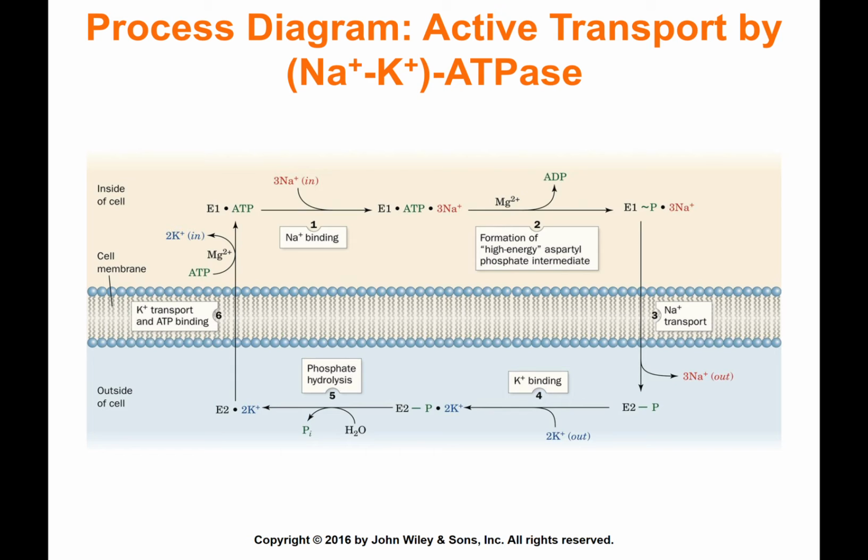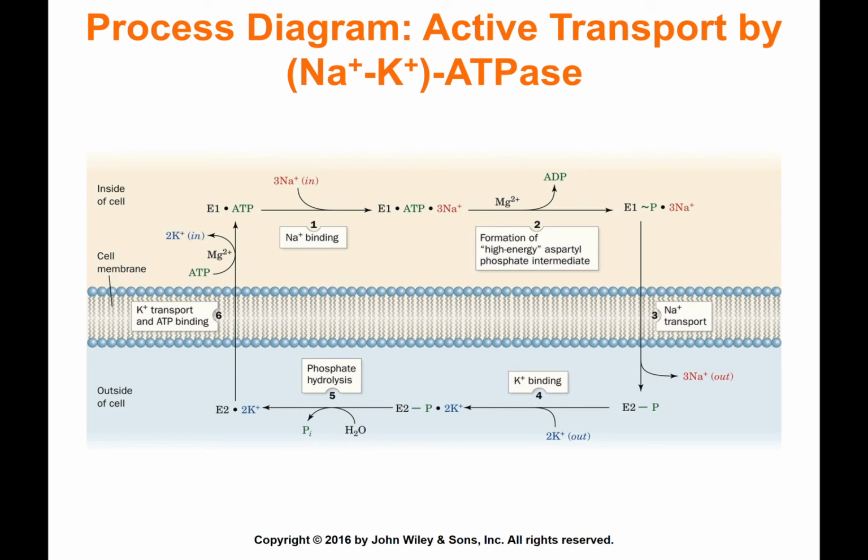They'll come in there, bind within the pore, and now the phosphorylated aspartate will get hydrolyzed. This reverts the protein back to its original conformation. So the door to the outside of the cell closes, and then the door to the inside opens up. So now those potassiums are exposed to the inside of the cell where they can be released again.